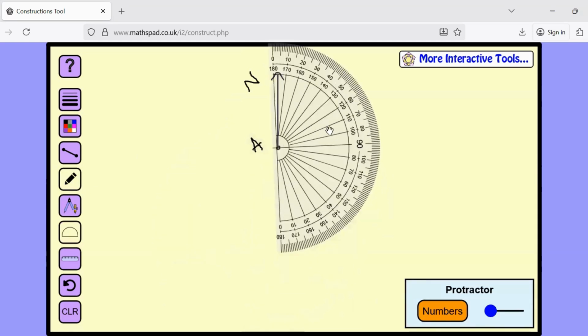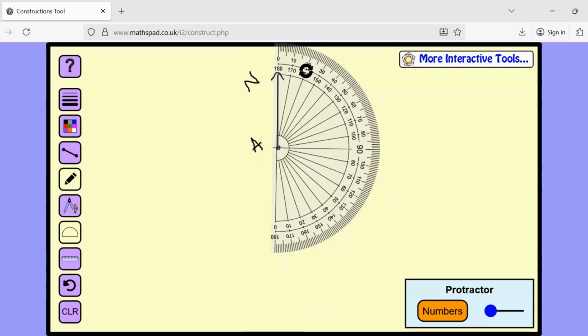So I'll be drawing the exact location of B, 127 degrees. Which scale will I need to use, inner or outer? See where my zero is aligned, so I'll be using the outer scale, 127 degrees.